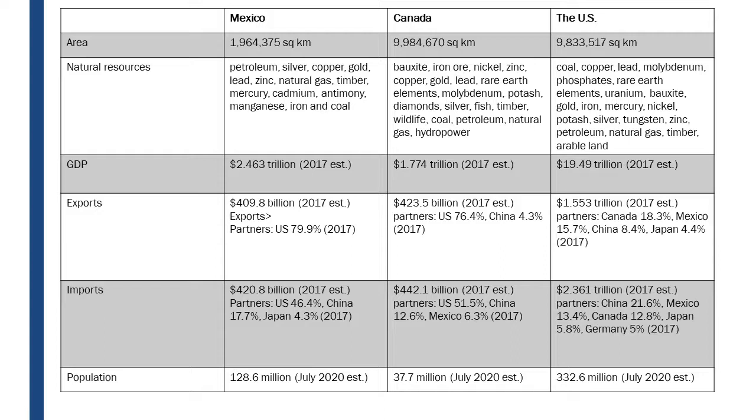In terms of imports, also the US is a very important partner for Mexico. It represents 46%, China 17%, Japan 4%. For Canada is the US, China, and Mexico. And in the US, in terms of imports, are China by 21%, Mexico, Canada, Japan, and Germany by 5%.